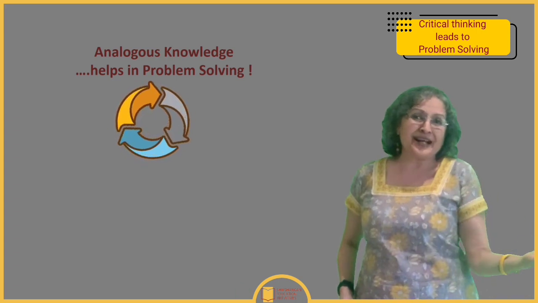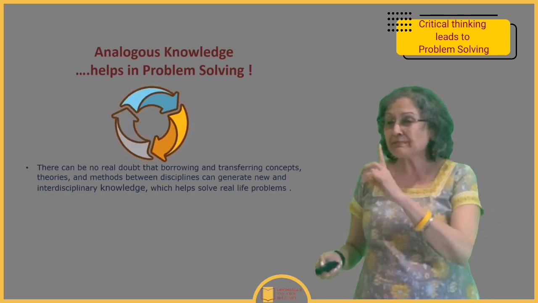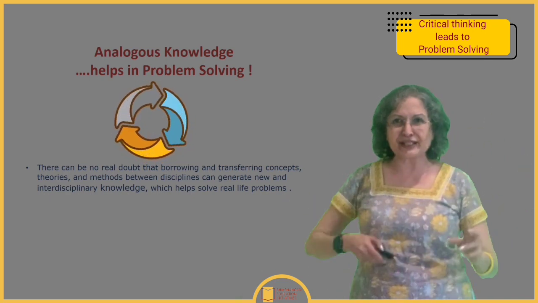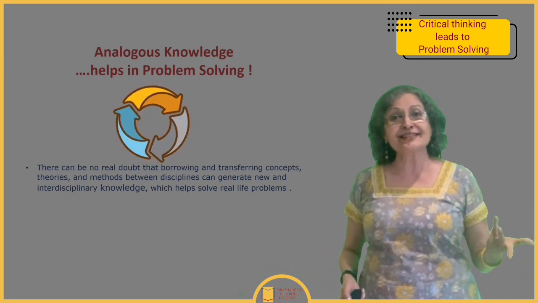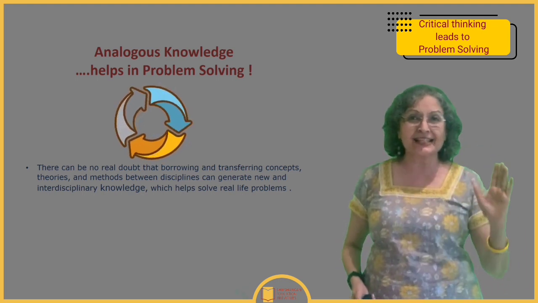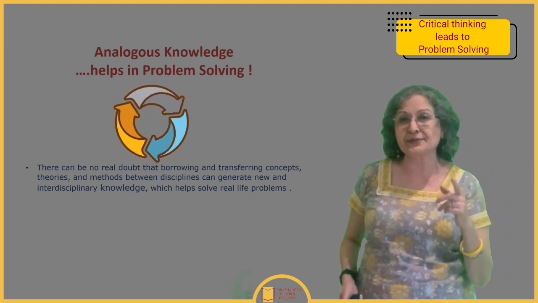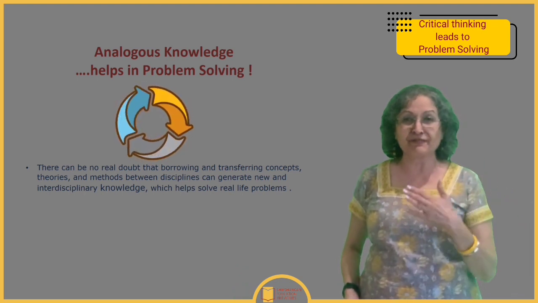Now there can be no real doubt really that borrowing and transferring concepts, theories and methods between the disciplines that the students go through in school as well as in college can generate new as well as interdisciplinary knowledge. और इसी से जिंदगी की कठिनाइयां and problems का हल हमें मिलता है by transferring our ideas of one discipline to the other.